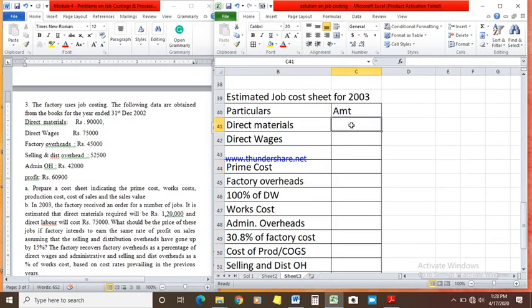Now direct material. So in the problem, for the factory student order, it is estimated that direct material required will be 1,20,000 and direct labor 75,000. So these are the two items given. So 1,95,000.